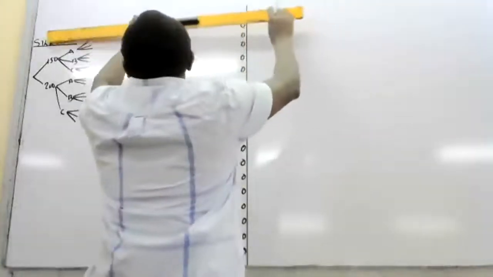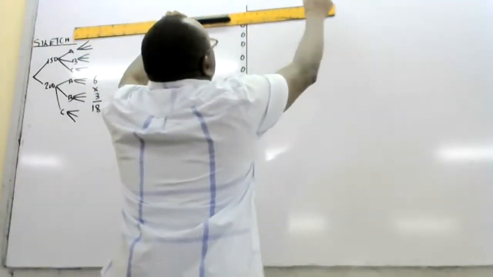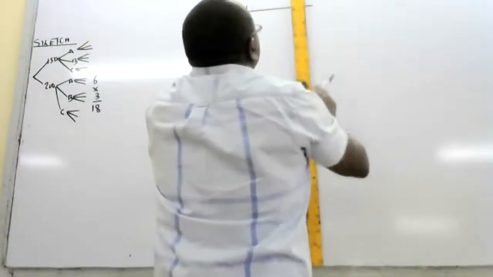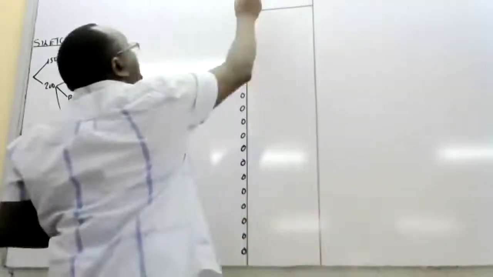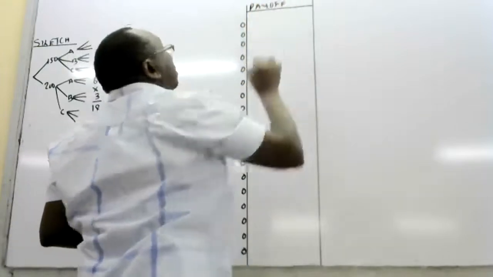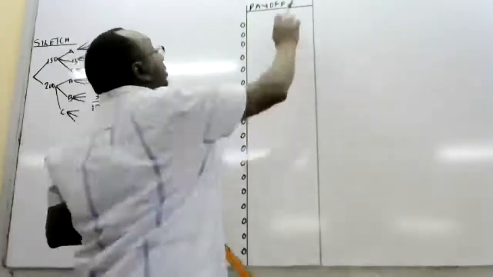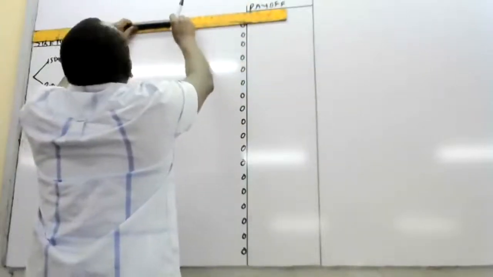Then here, this should be the end of the diagram. Here we have the payoffs. And then my tree.